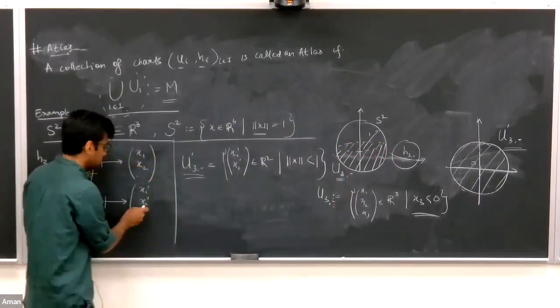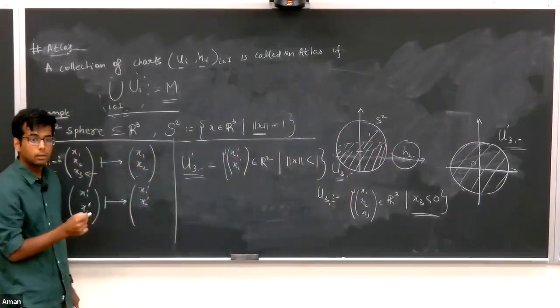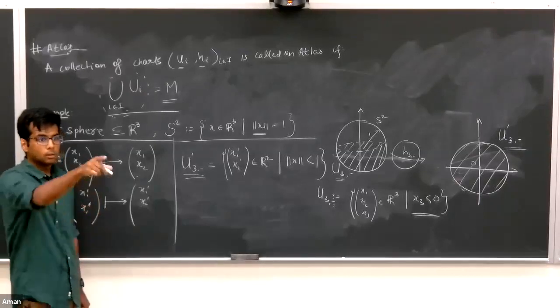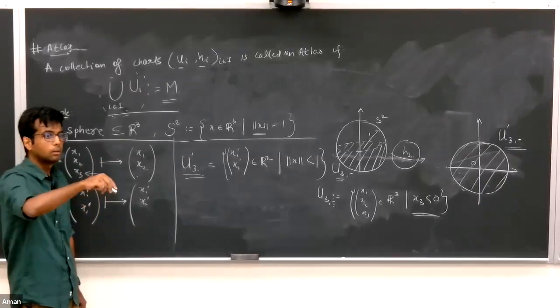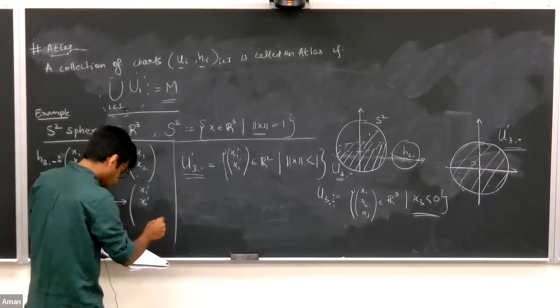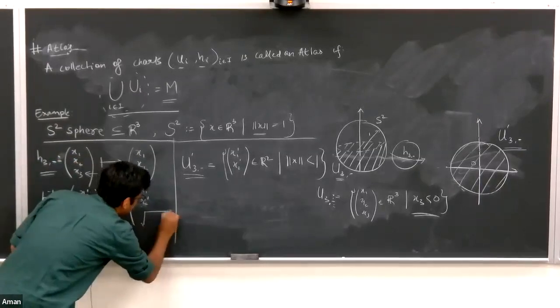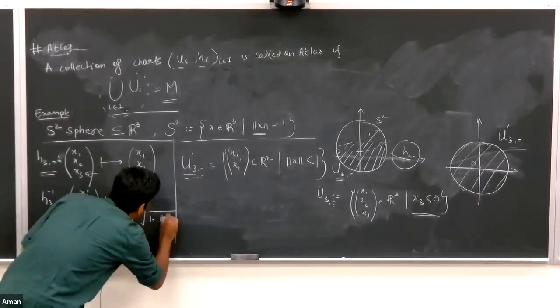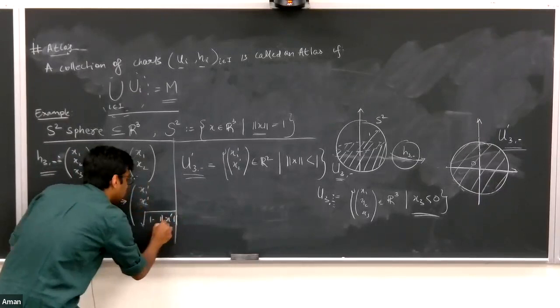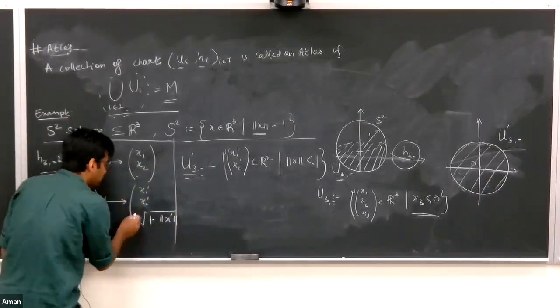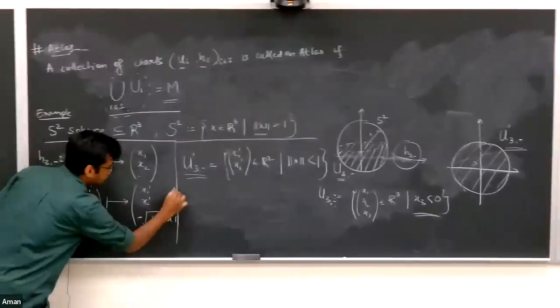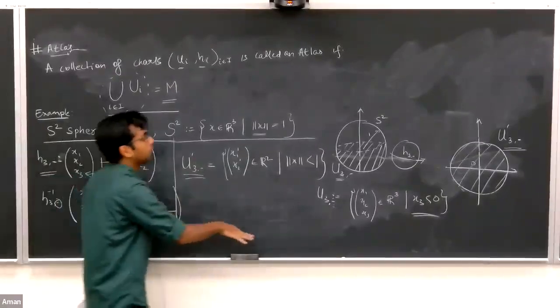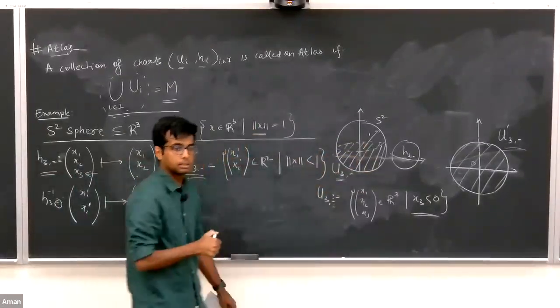But we know 2 coordinates. How do you figure out the 3rd coordinate? Square root of... Yeah, correct. So what you just do is you take the square root of 1 minus the norm of this point. You take the norm of x prime, subtract it from 1, and because we're dealing with the negative hemisphere here, there's a minus sign here, because we want to fill up the negative axis.